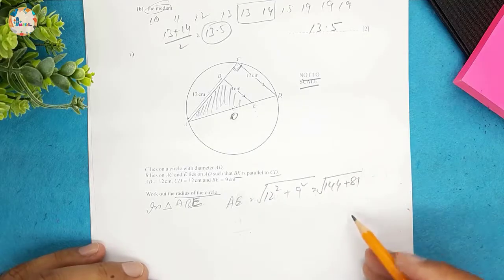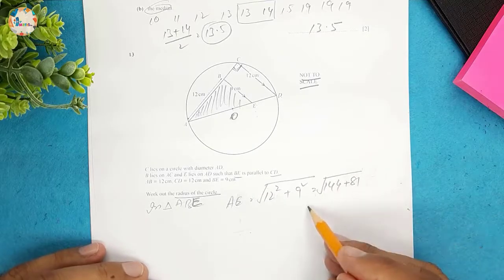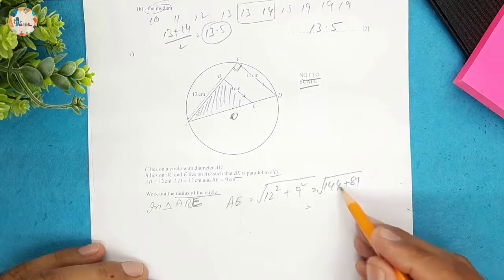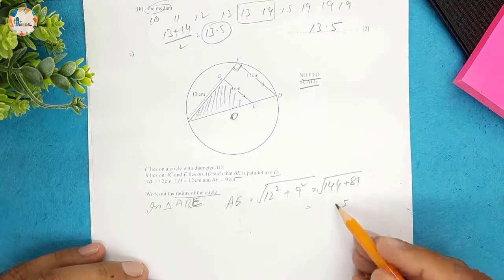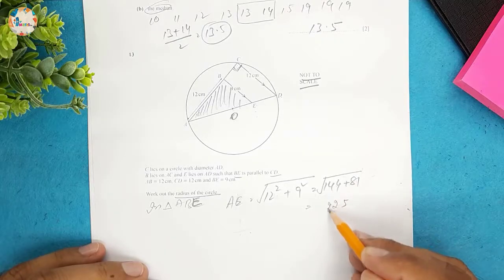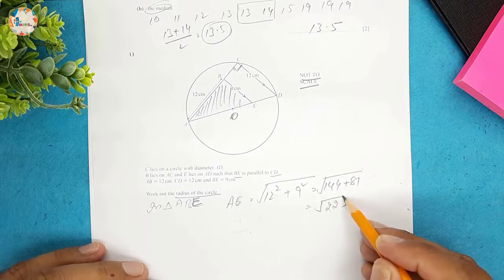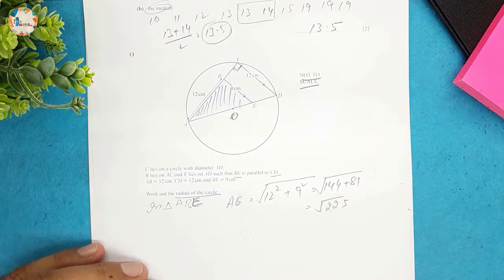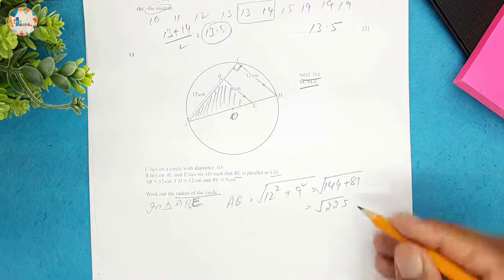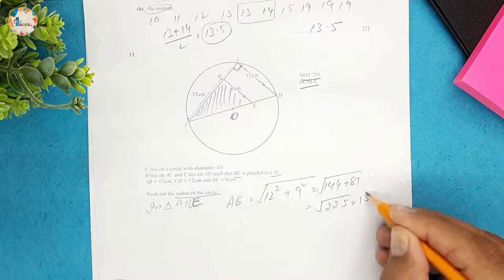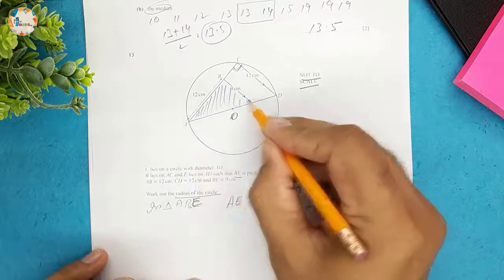This is 225 under root, which is equal to 15. So this side is 15.